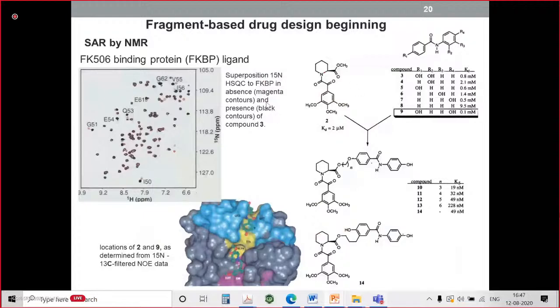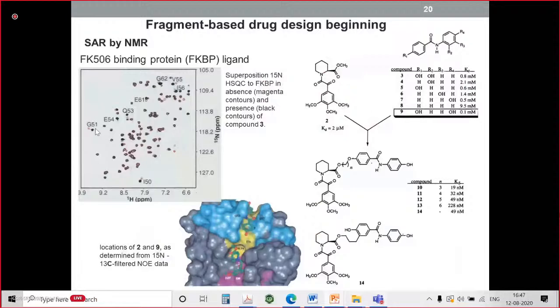In the presence of 3, the interactions are identified, and this shows that molecule 3 has some interaction because these labeled residues show a significant shift in the chemical shift of the proton.